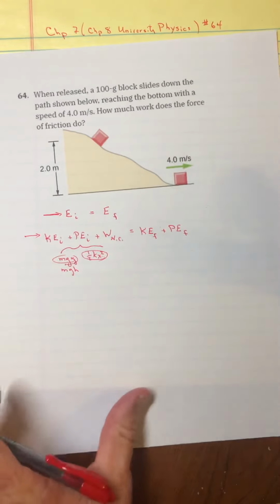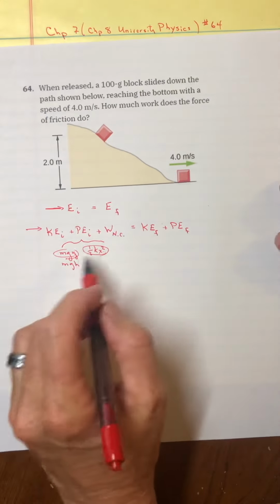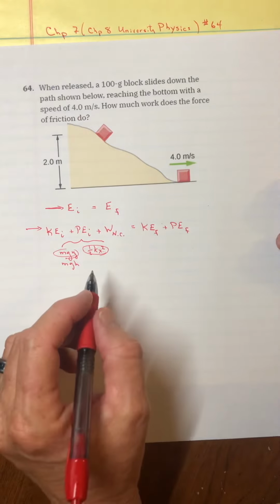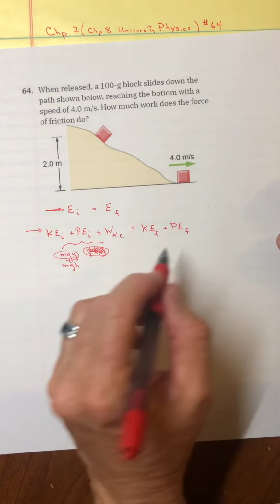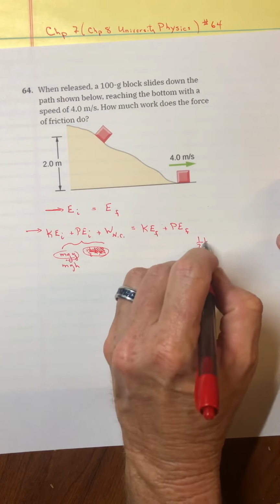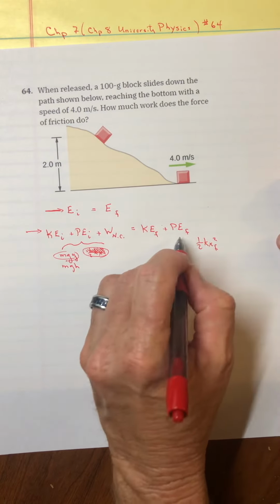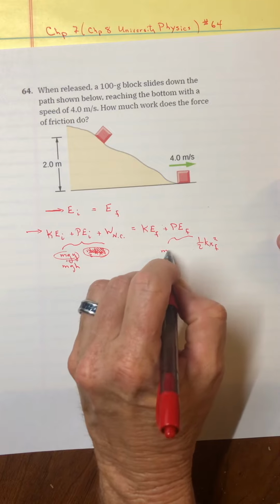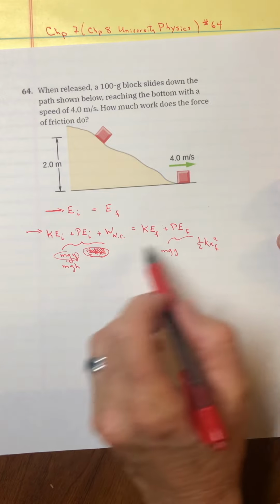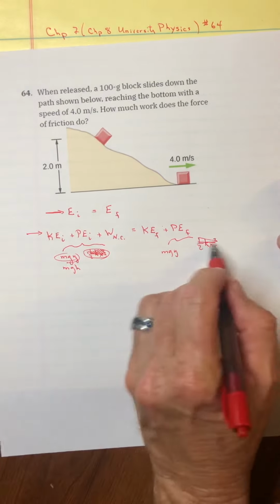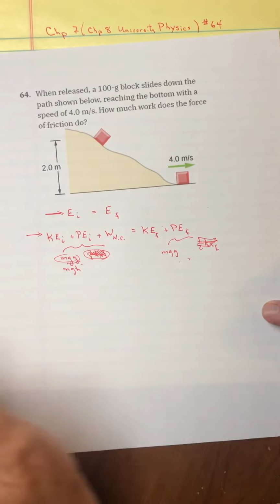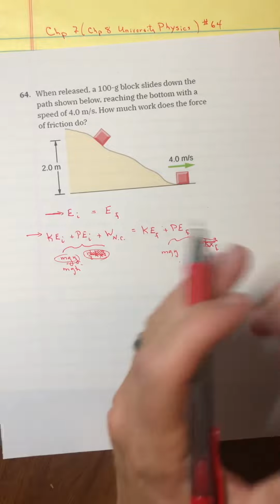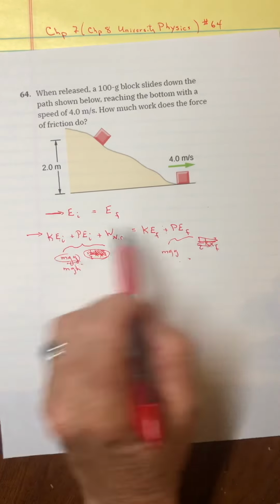Now, you can write all those out in detail, but there's no point mentioning the 1/2 kx squared because there's no springs involved. There is height involved, so the mgy on both sides is going to be important. There's speed involved, so this is going to be important.